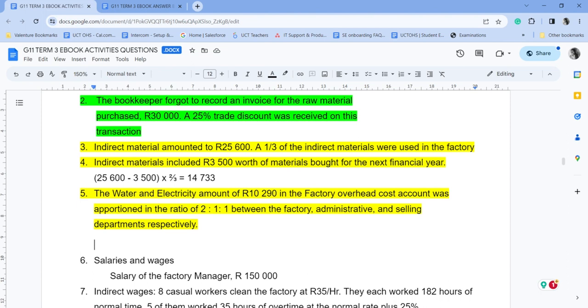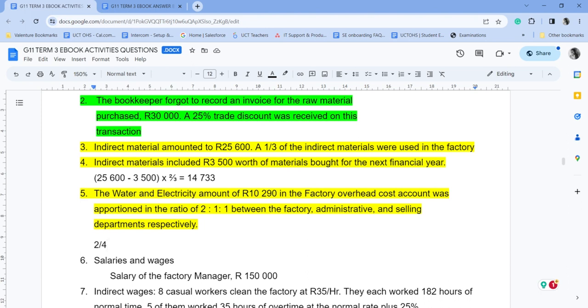Okay, so this basically means what? It means that two is for the factory. The rest of the other ones, whereby you say 2 + 1 + 1 gives you 4, is for the whole parts. So the whole building is 4 parts, but the 4 parts are divided according to factory, administrative office, and the selling department. You get it?